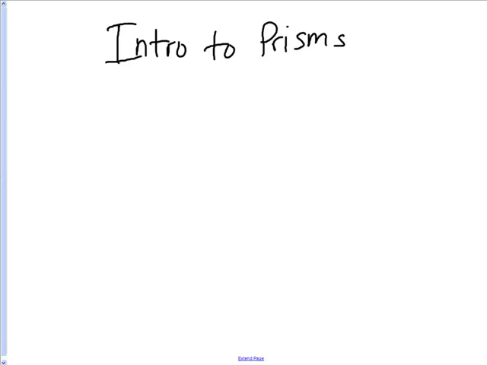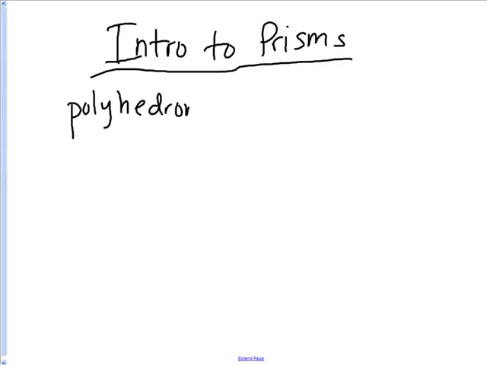Today we're going to have an introduction to prisms. A prism is a polyhedron that consists of a polygonal region and its translated image on a parallel plane with quadrilateral faces connecting corresponding edges.